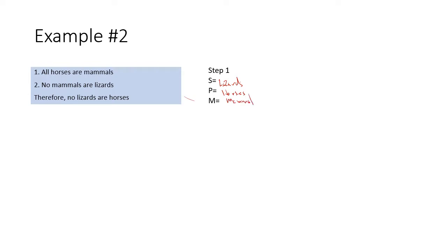So not M for mammals, but M for middle term. If you rewrite this, you're going to get all P are M. You're going to get no M are S. And you'll get, for the conclusion, no S are P.